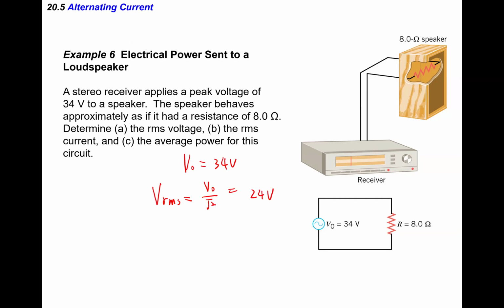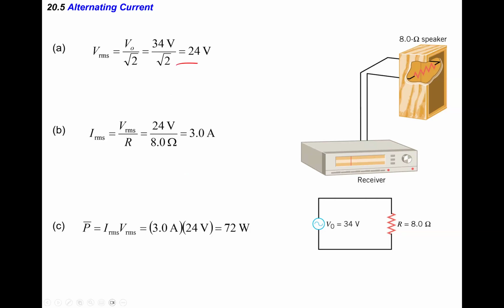After you get that, 24 over the resistance gives you the root mean squared current, and then power will be equal to I times V, which is 3 times 24, and you get 72.